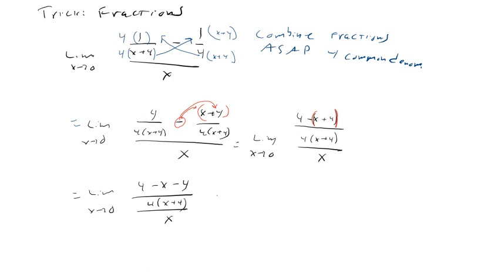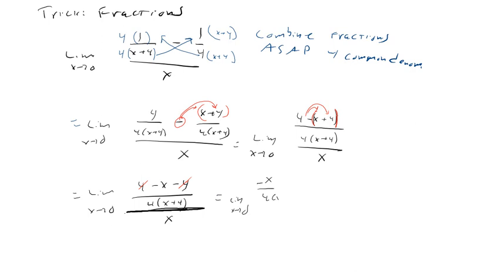And distribute that negative to both of those. And now I see I have a 4 minus 4. These two things will cancel out. My big fraction is right there. So I've got limit, as x approaches 0, of negative x over 4 times x plus 4, over x.